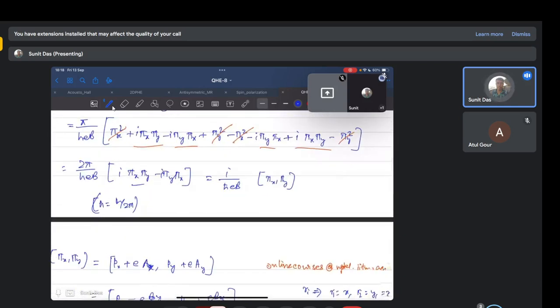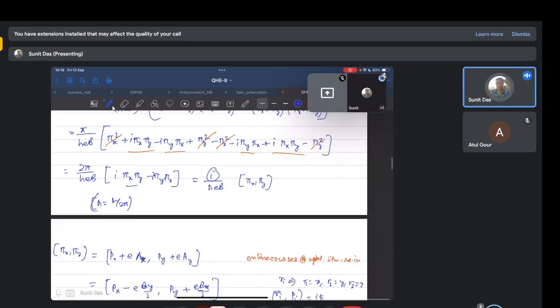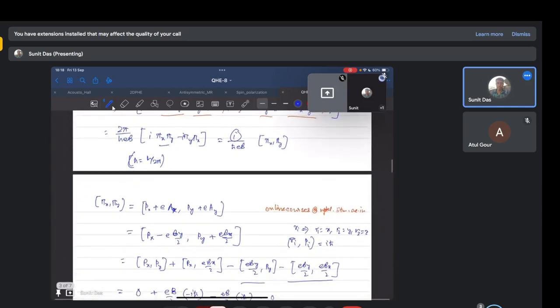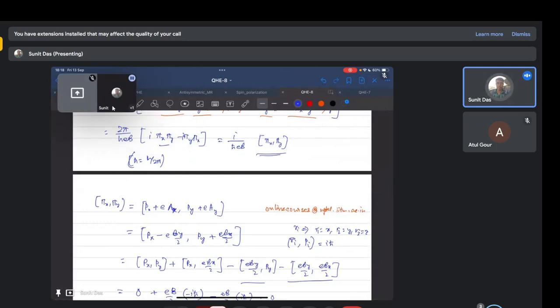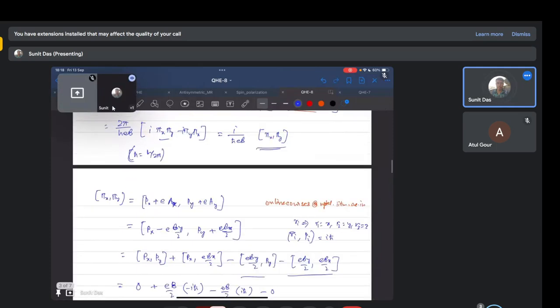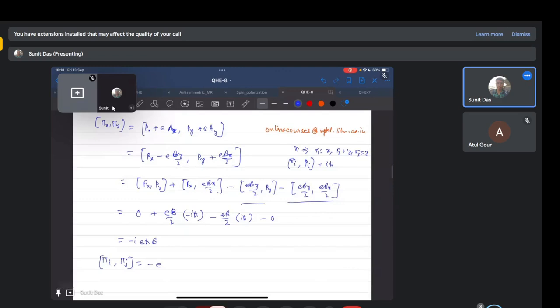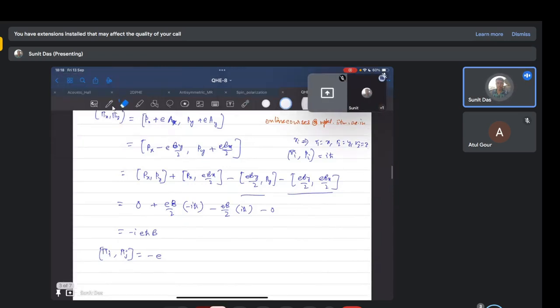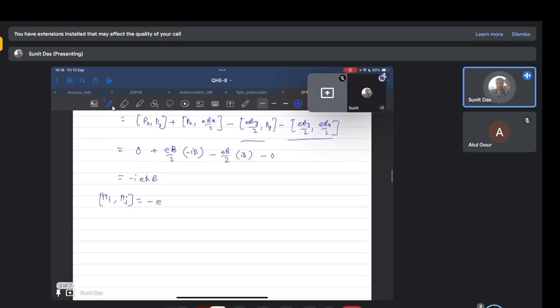We had iota here. So I was deriving this only. Fine. So we'll not have any i extra. We'll have i, e, and h bar. Yeah, it's fine.